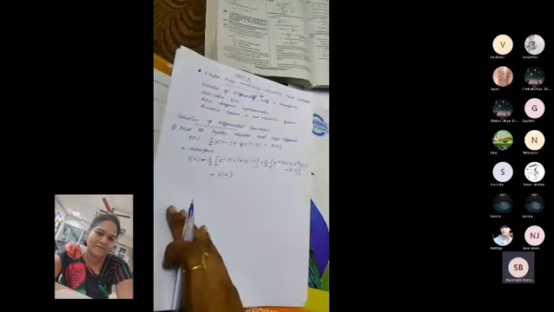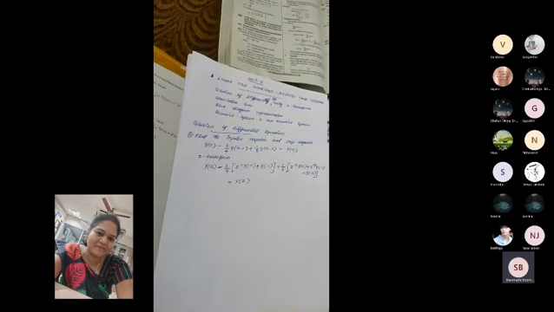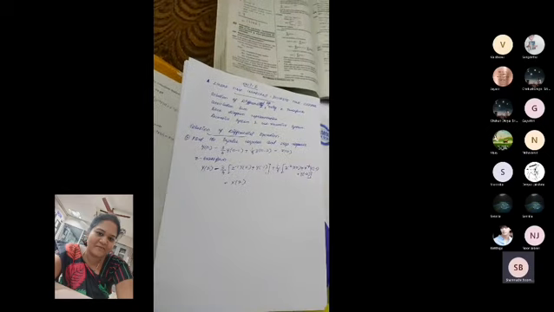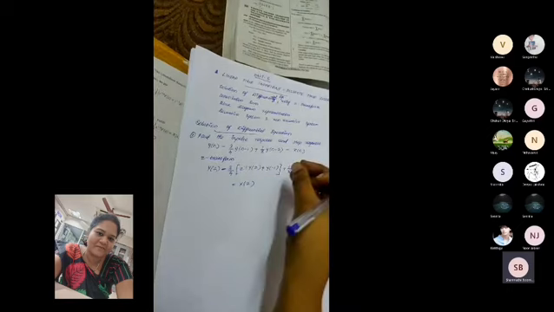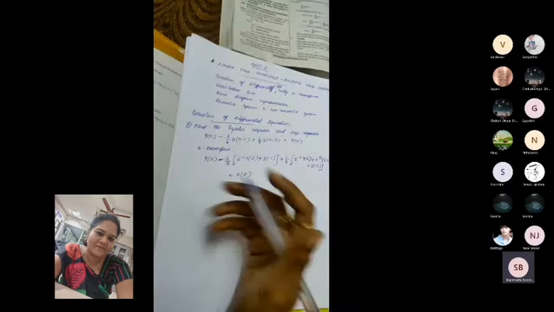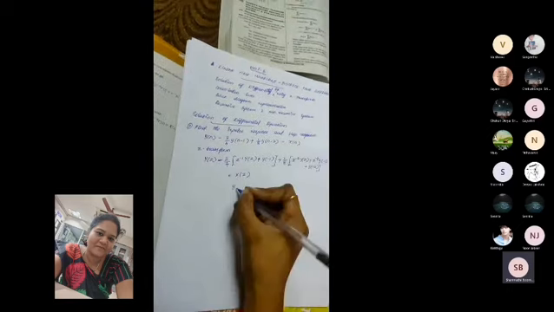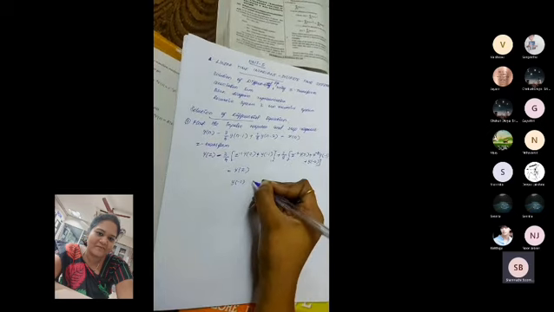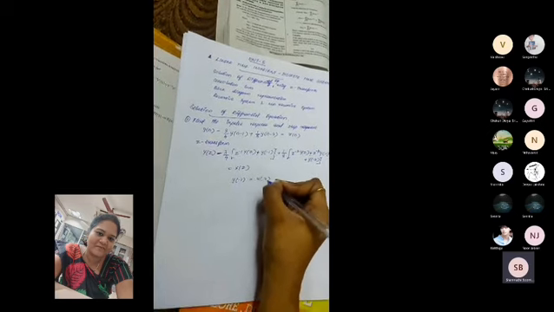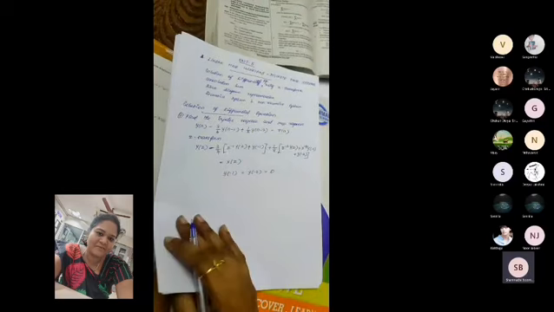What is the next step? Next you have to check for initial conditions. If any initial condition is there, you apply the value at that point. Here you don't have any initial condition in the question, so y of minus 1 and y of minus 2 are both 0.